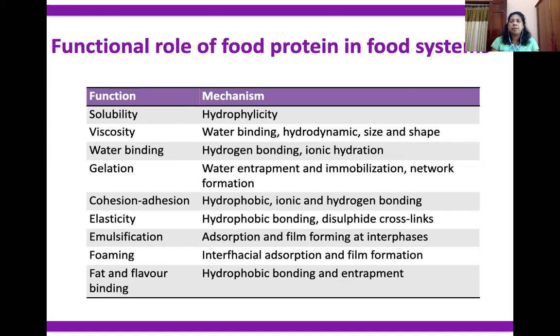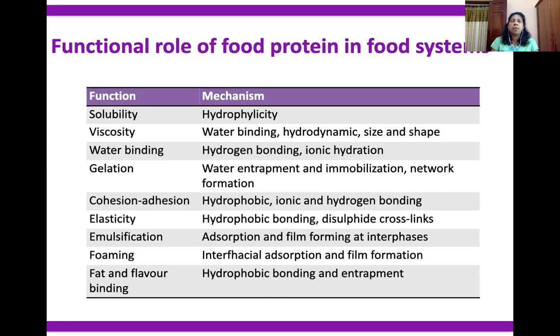Elasticity is given by disulfide cross-linking, not by hydrogen bonding or other bonding, especially if sulfur-containing amino acids are there, that means disulfide S-S cross-links. For example, meat, fish and boiled egg get their texture from disulfide bonding.